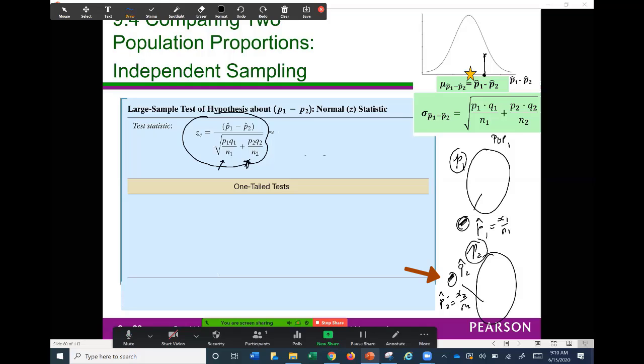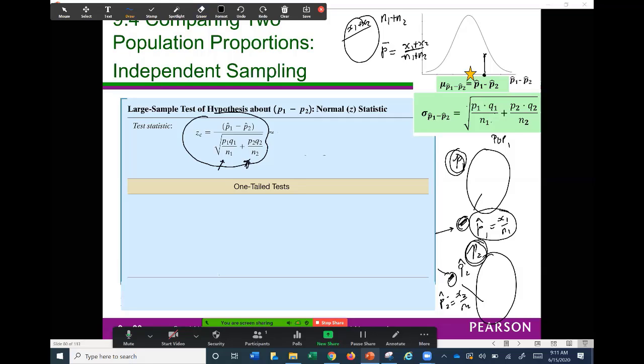Then if we assume that these two populations are equal, we can combine these two samples into only one, and here we have x1 plus x2, and the sample size will be n1 plus n2 when we combine both samples. Then we can estimate the population proportion, assuming that both are equal, using this formula. P bar is equal to x1 plus x2 divided by n1 plus n2.